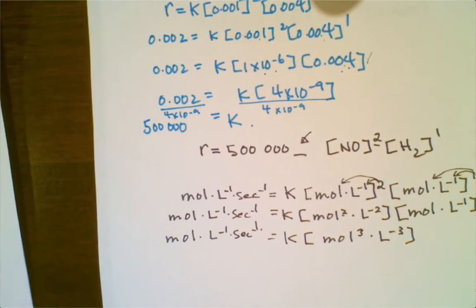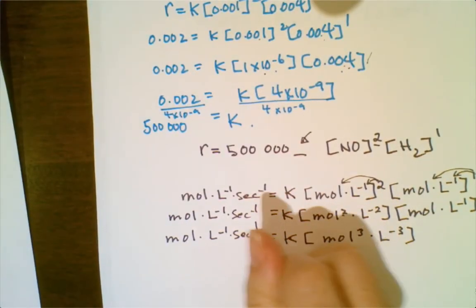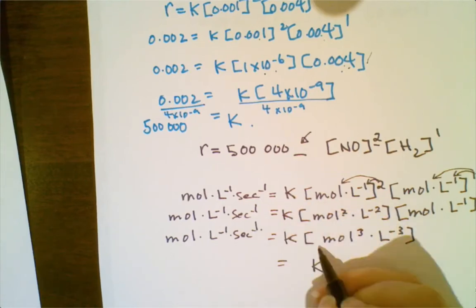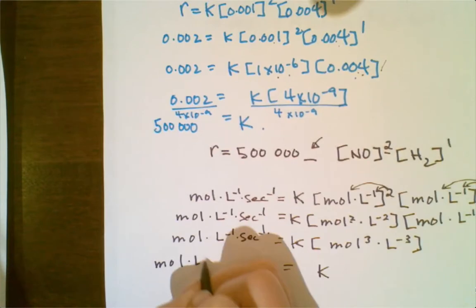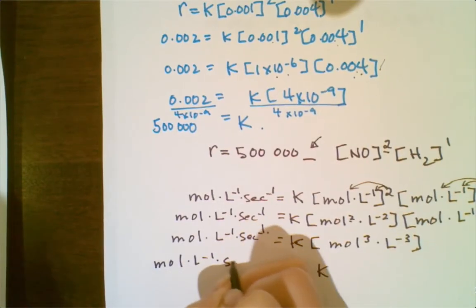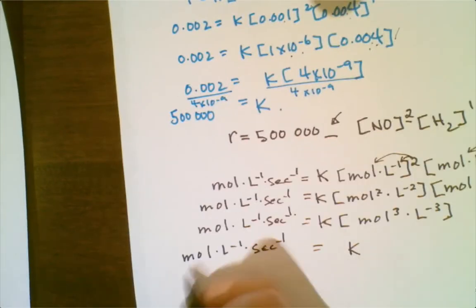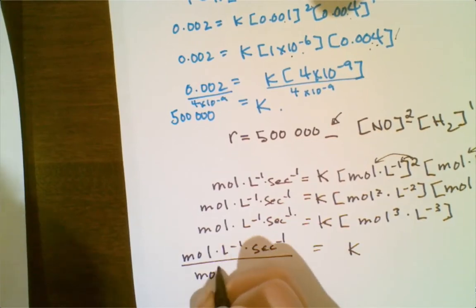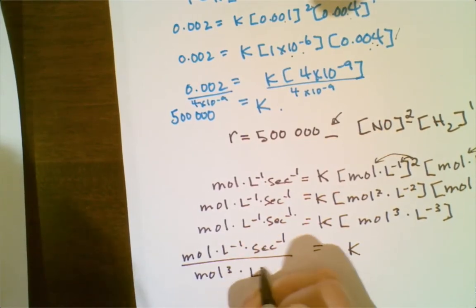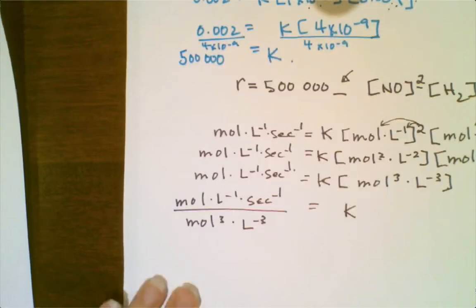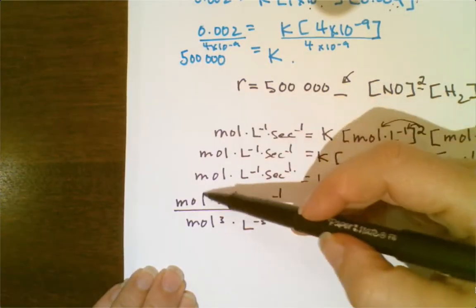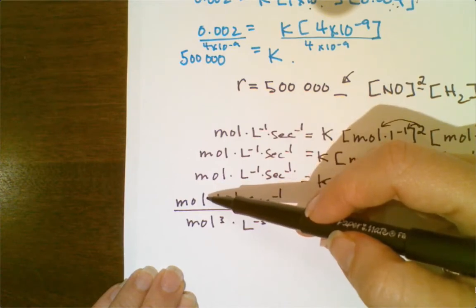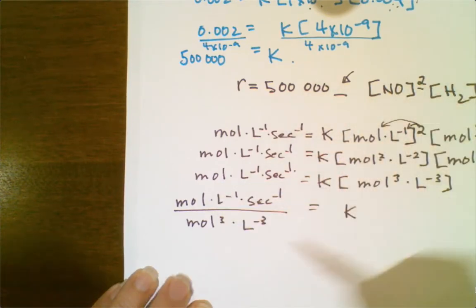Now to solve for k, I'm going to leave k where it is. I'm going to bring this to the other side. So when I divide moles times liters to the negative 1 times seconds to the negative 1, I'm going to divide by moles to the 3 times liters to the negative 3. And remembering your exponent rules again, when you are dividing, you subtract your exponents.